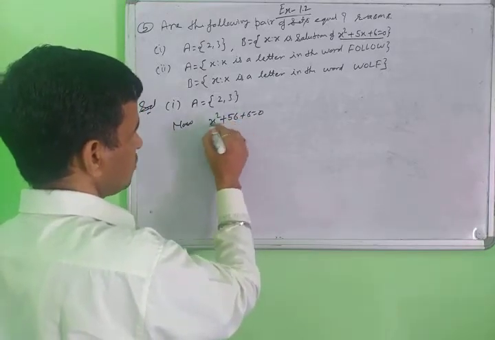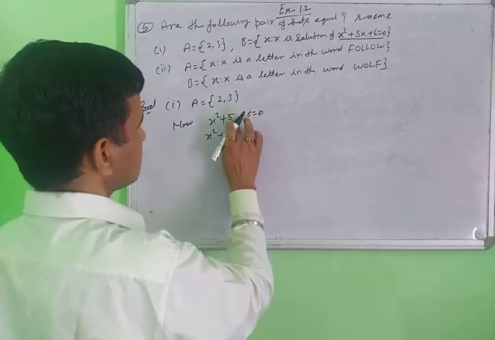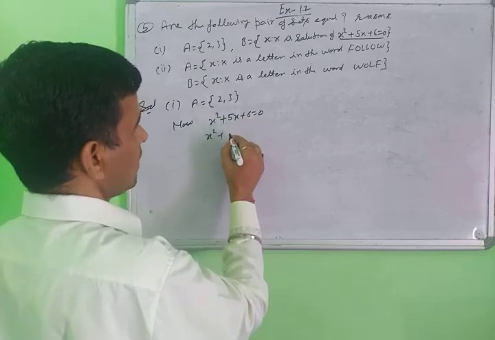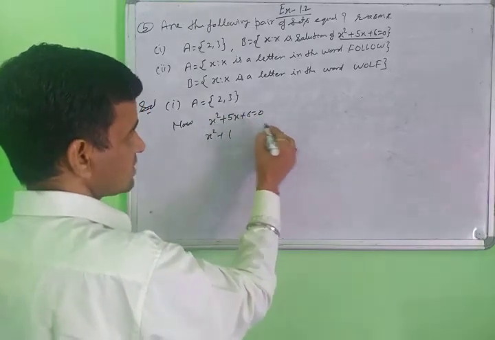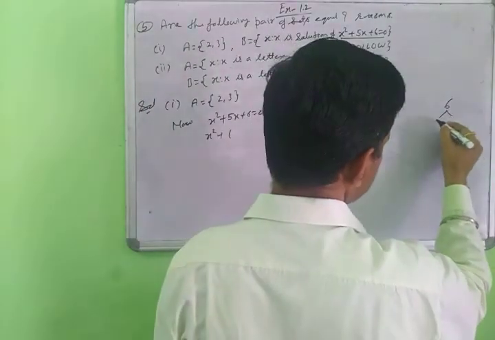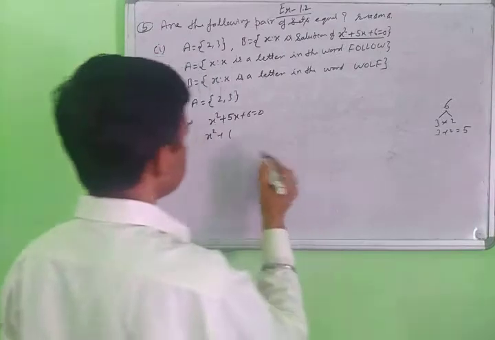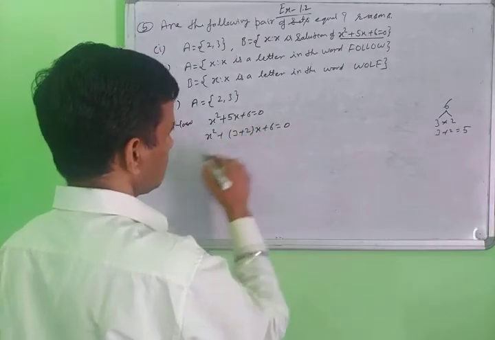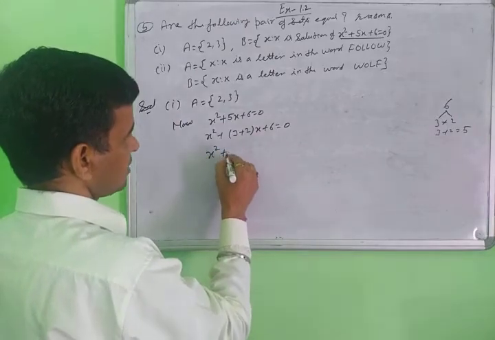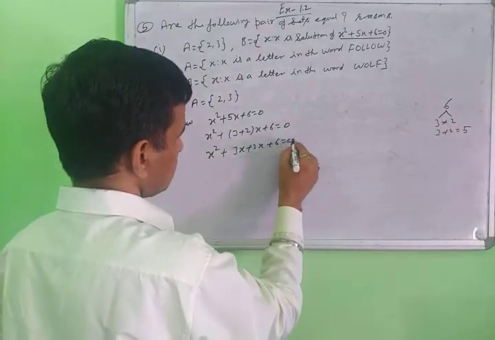Now check this solution: x square plus 5x plus 6. Make the factors of 6 as 3 and 2, since 3 times 2 is 6 and 3 plus 2 equals 5. So I'm writing it this way: x square plus 3x plus 2x plus 6 equals 0.